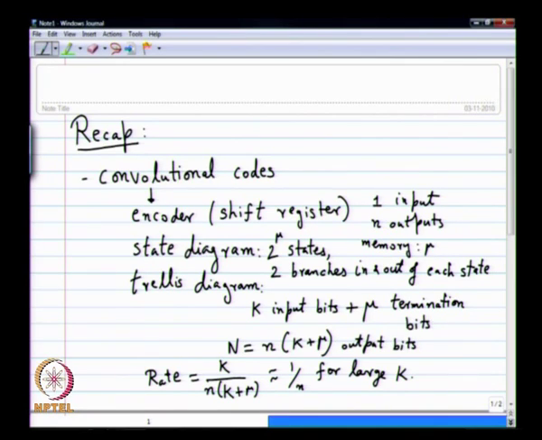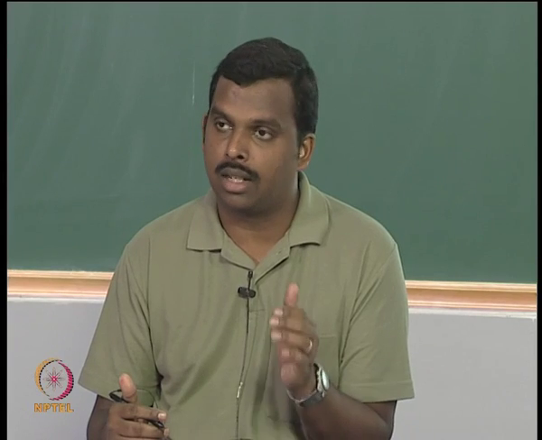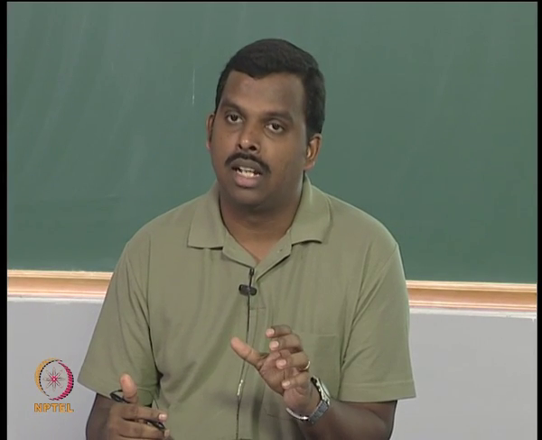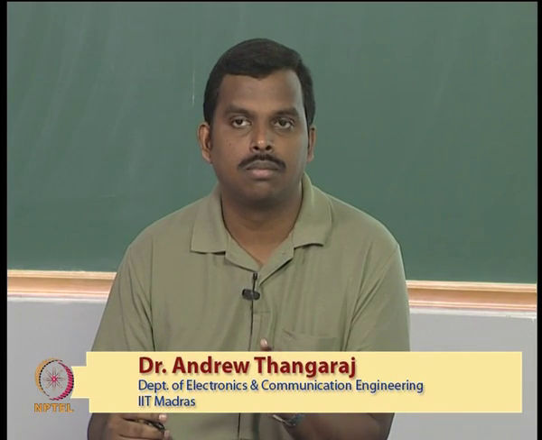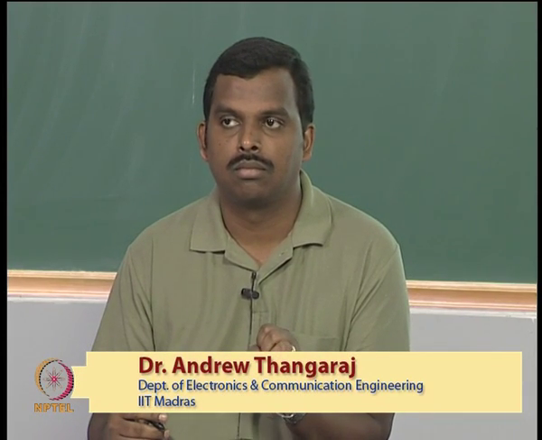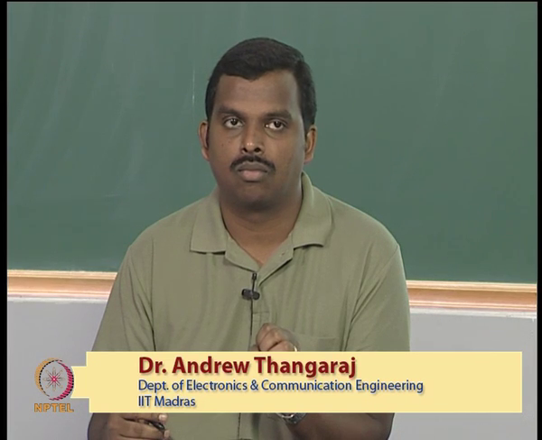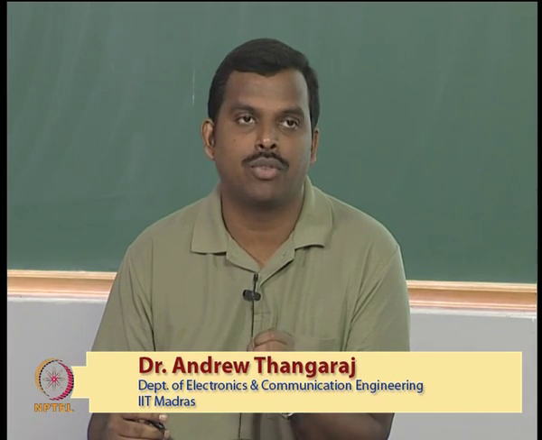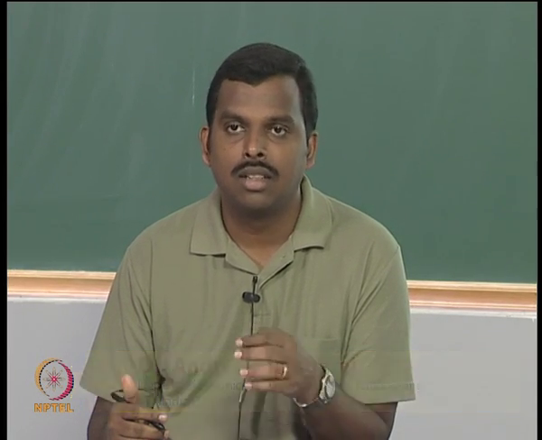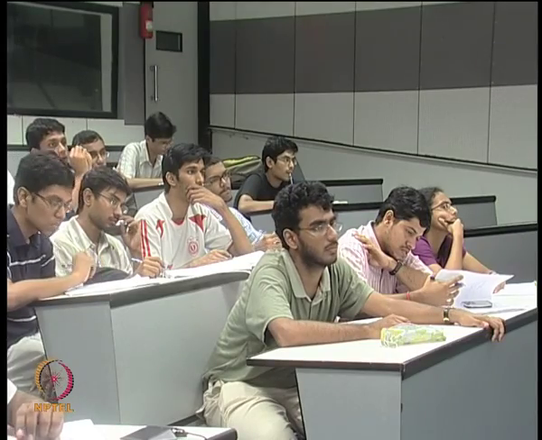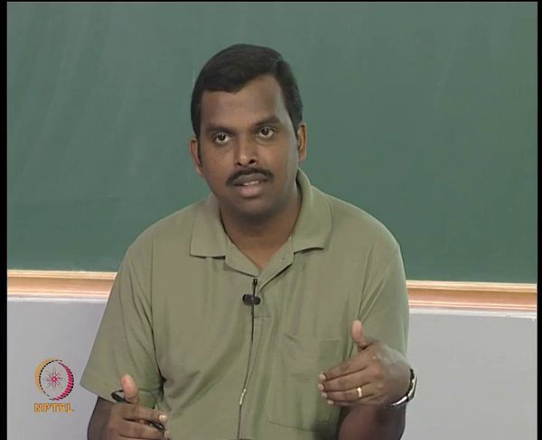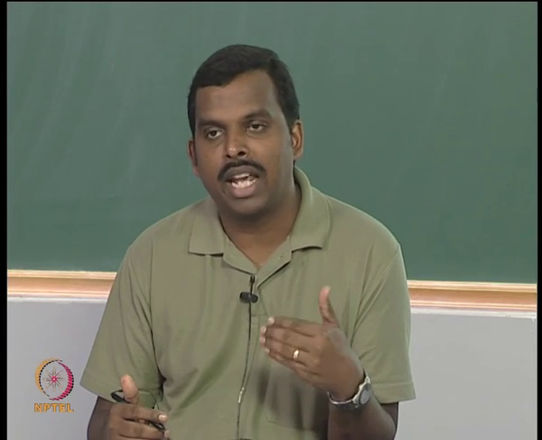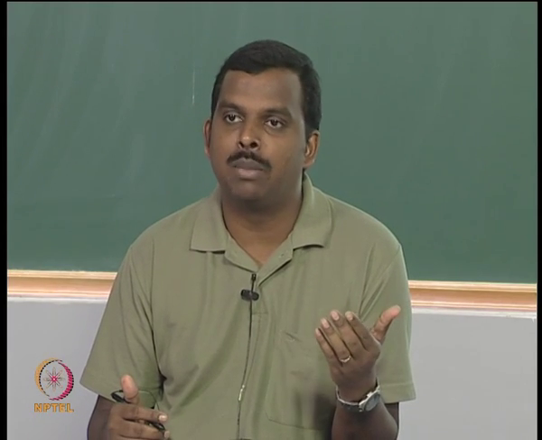The way we are looking at it, once you fix the number of input bits as k and look at all the output bits you got, can I think of this code as a block code? For every k bits of message I am getting n bits of output. If I exhaust all the 2 power k possibilities, I will get 2 power k code words, n bit code words.